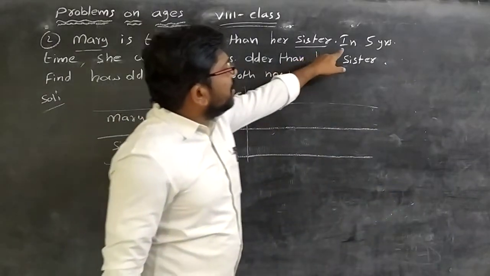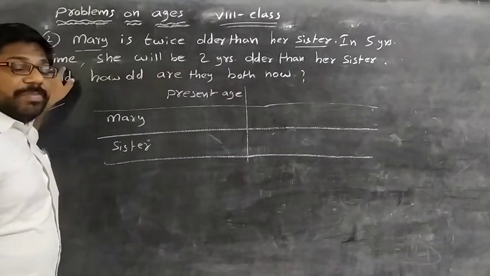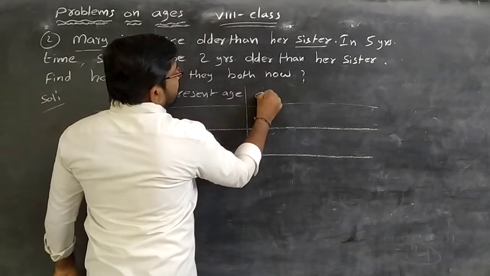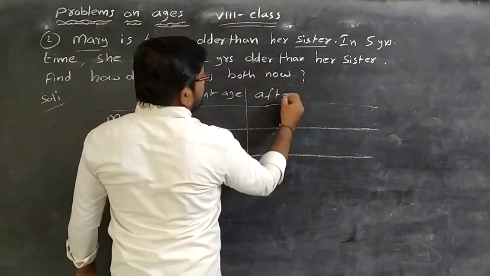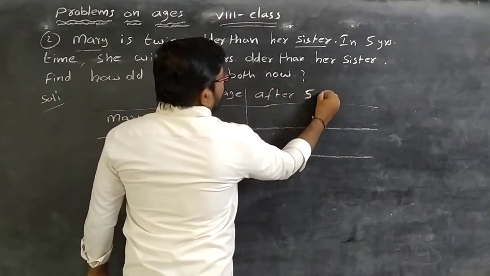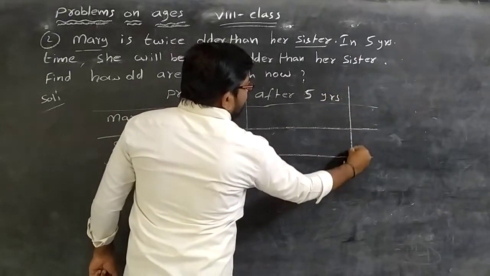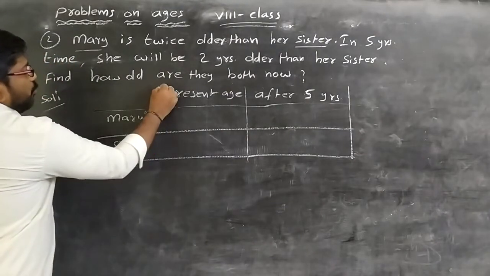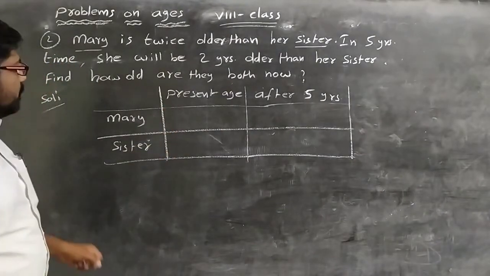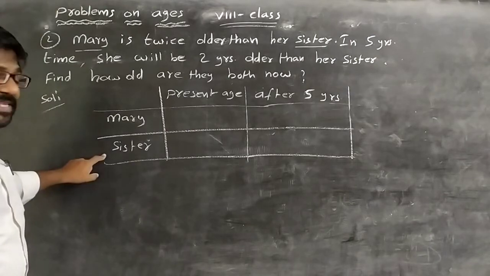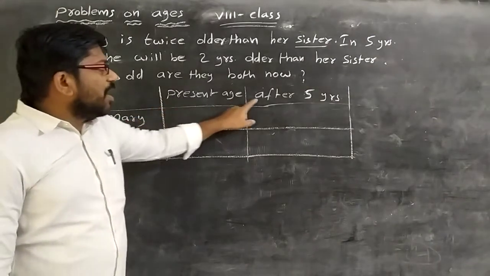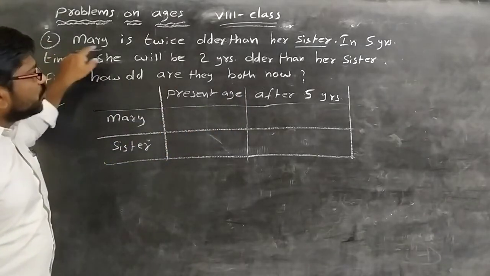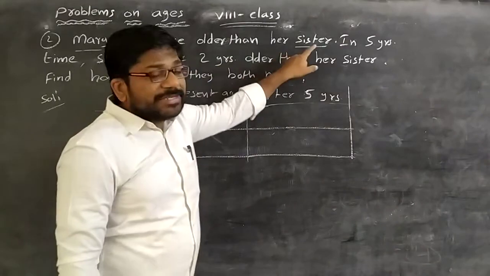Next, in 5 years time means after 5 years, that is the second column. So first I have to prepare this table, with Mary and her sister, the present age and the age after 5 years.